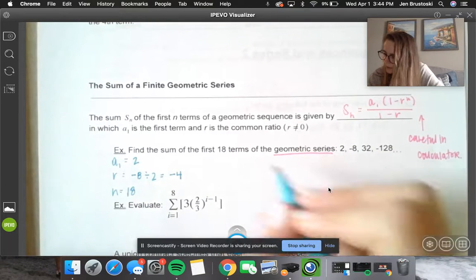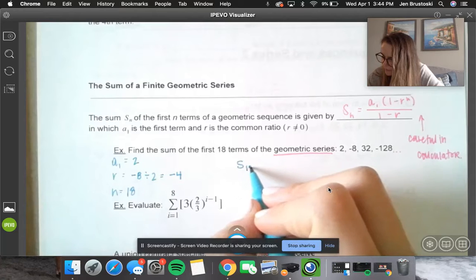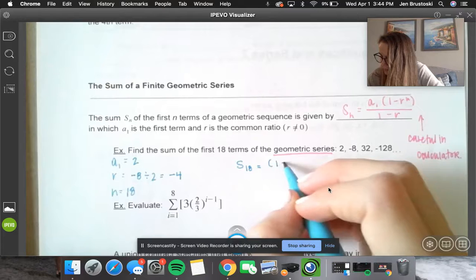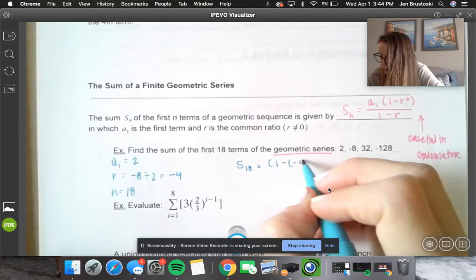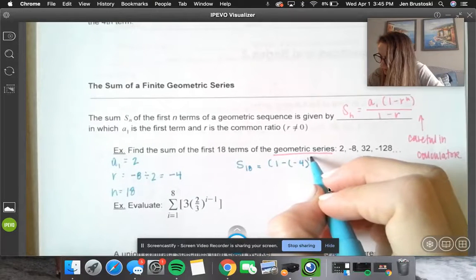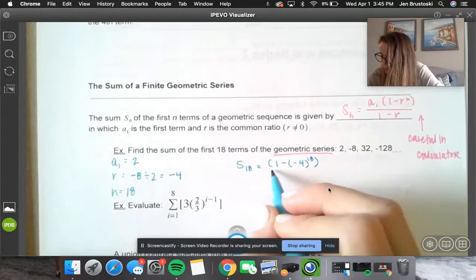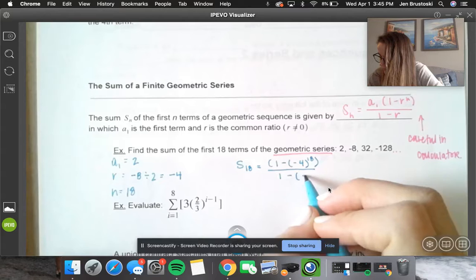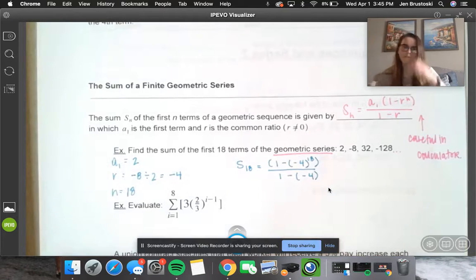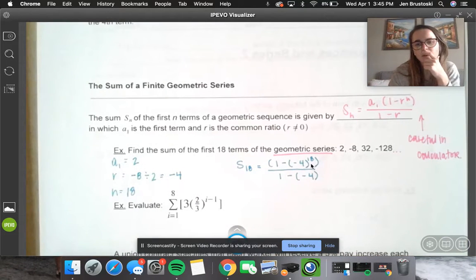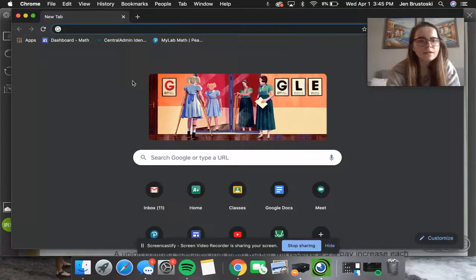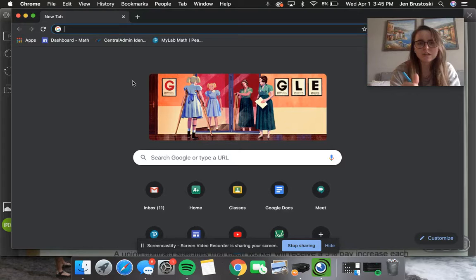So we have S of 18 equals 1 minus -4 to the n all over 1 minus r. We're going to take special care when we plug this in. I'm going to use Desmos because I think it's the easiest way, but if you're using your calculator, make sure you type that in correctly.